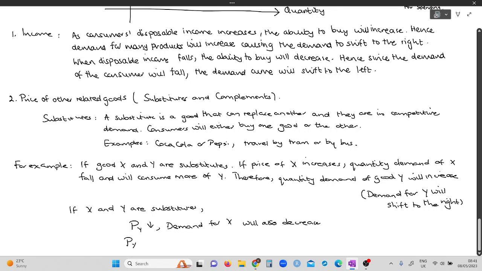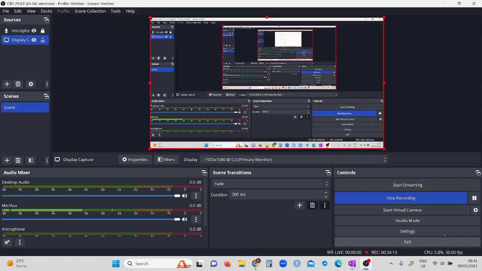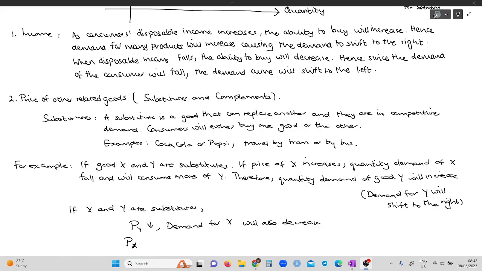And if the price of X increases, the demand for Y increases. D'accord? So this is the relation between substitutes.